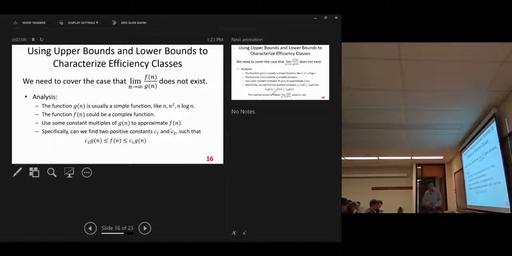Our goal is to estimate the f function. We want to estimate from the lower bound side and from the upper bound side, two sides, so we can get a better description.